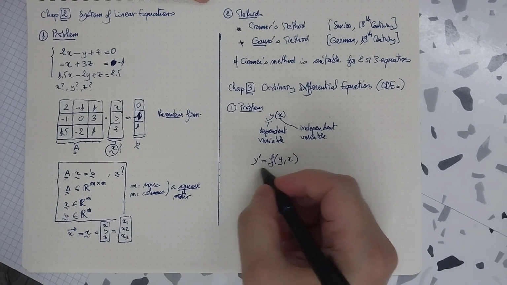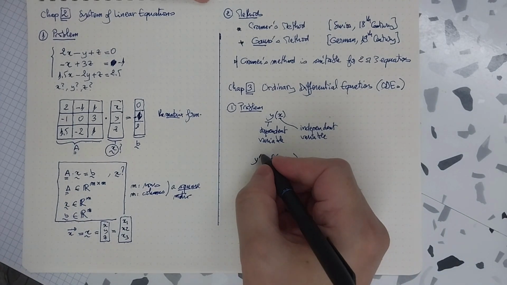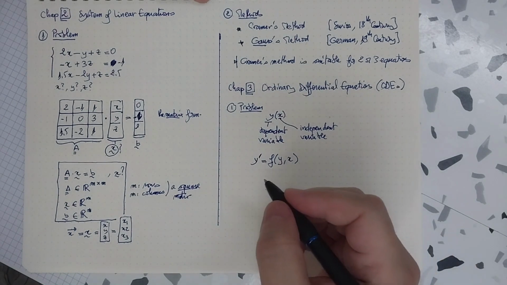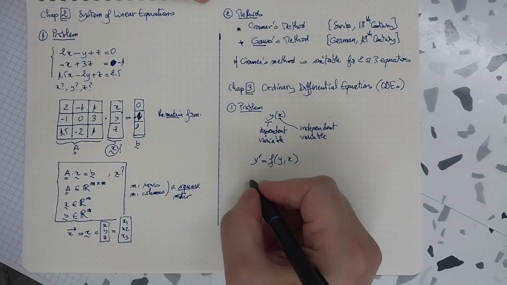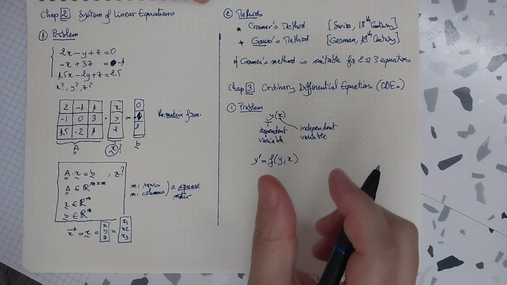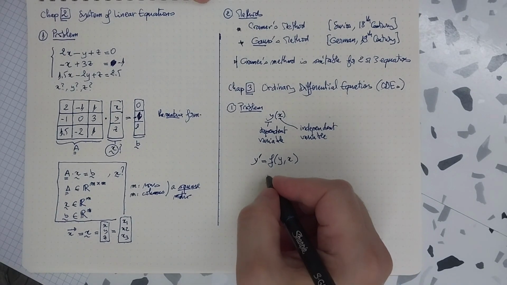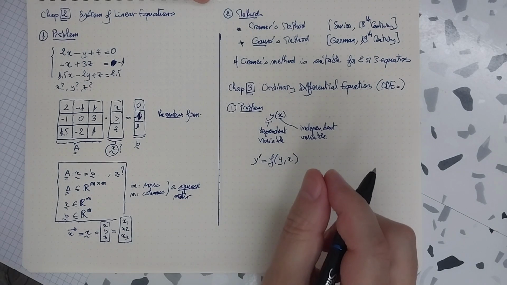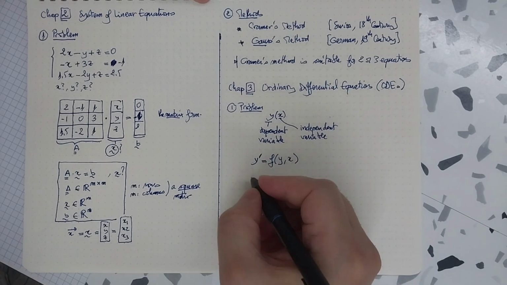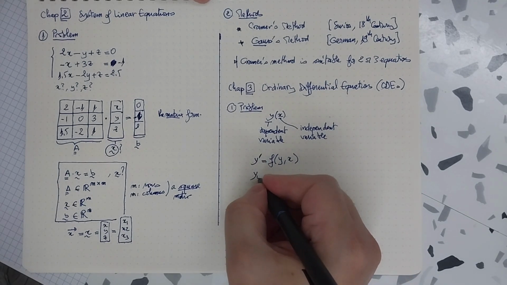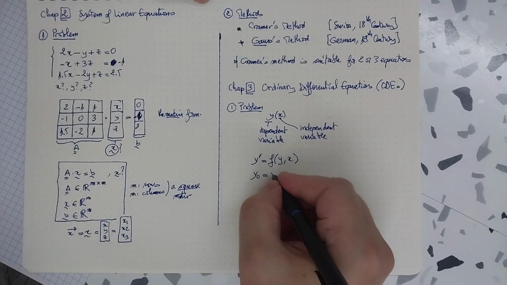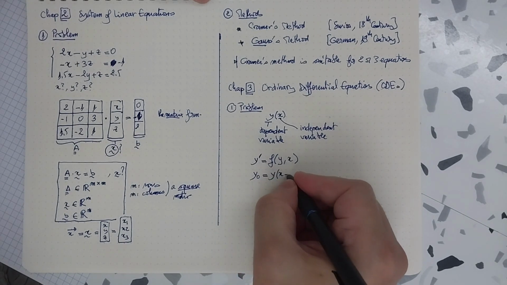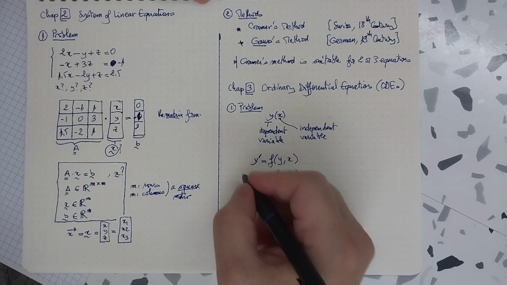And it's not enough to have only the variation of y. You need also to know the value of y at the beginning of the interval. So y0, the value of y at x equal x0.